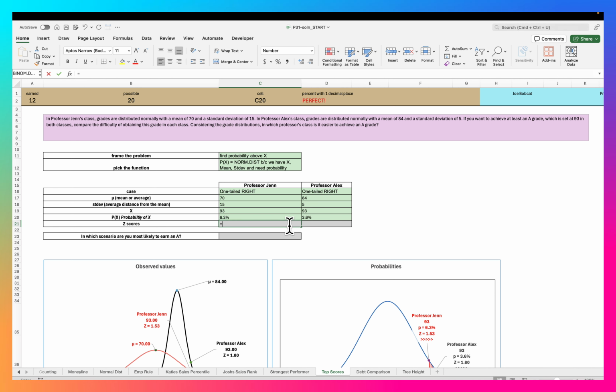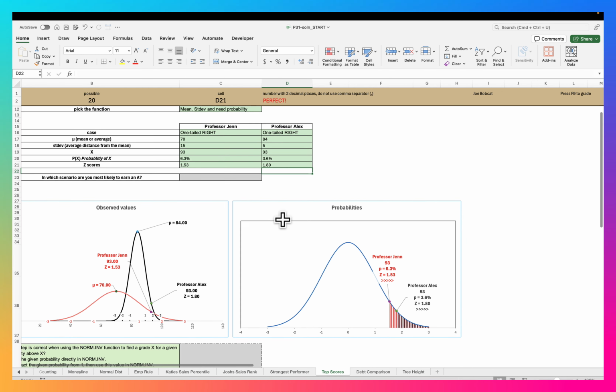And the z-score is equal to x minus the mean divided by the standard deviation. Okay.